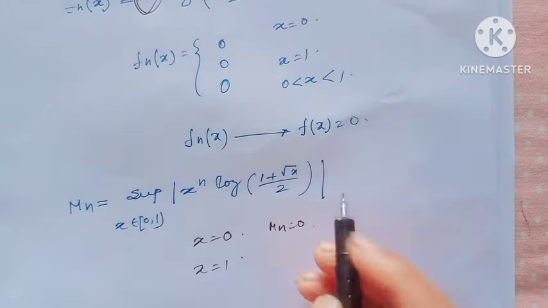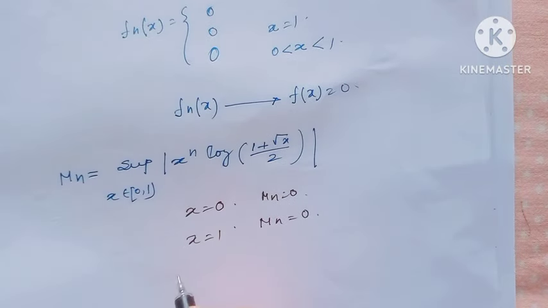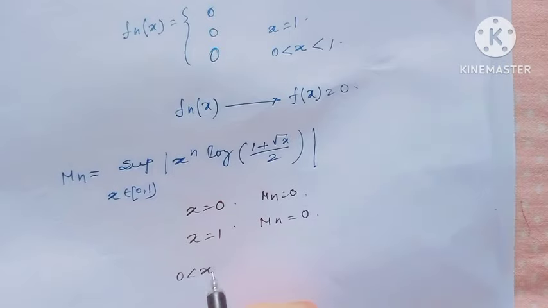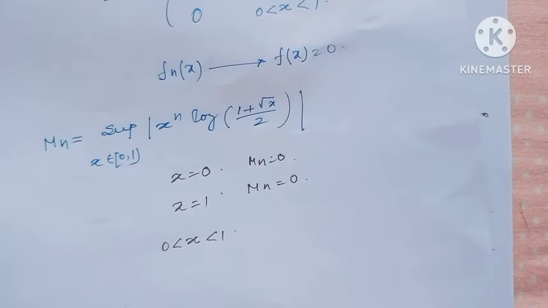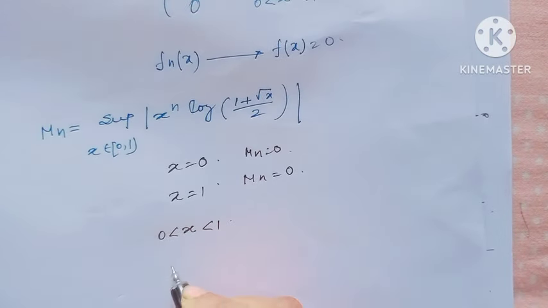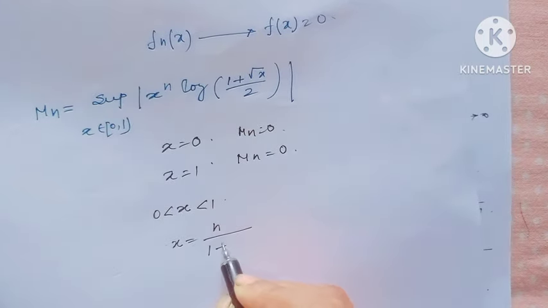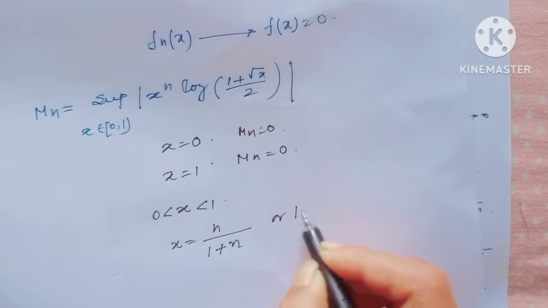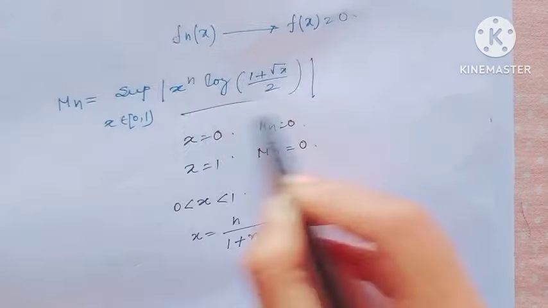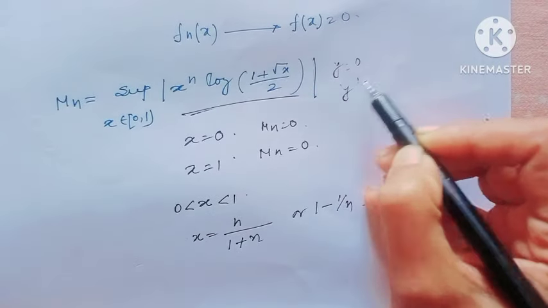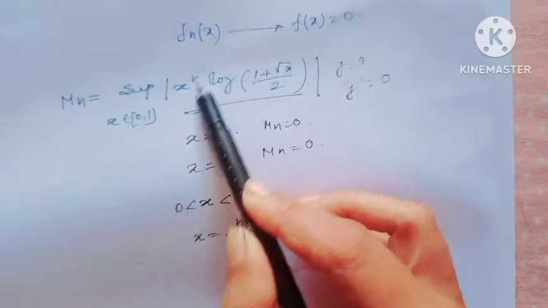When x equal to 1, then Mn also equal to 0, and when x lies between 0 and 1, if we consider the supremum exists at the point n over n+1, or 1 minus 1 over n, then you can consider this as y and find y dash, but this is a very critical method because the derivative part would be long.